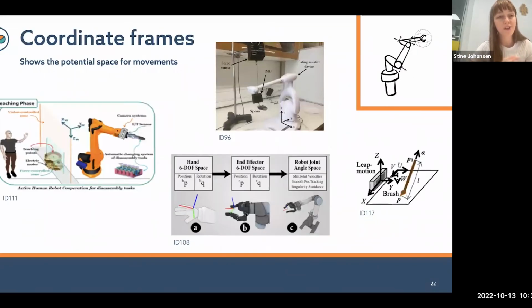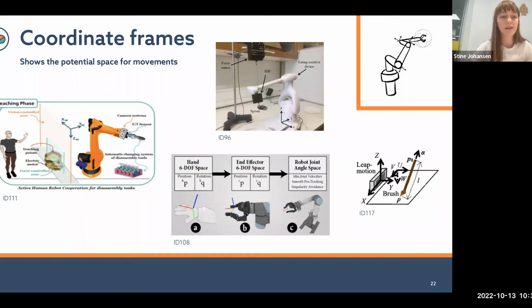And then there's the coordinate frames, which of course is fundamental in the field of robotics, but there are many different ways that researchers are using coordinate frames to show movement or show the space of a movement.